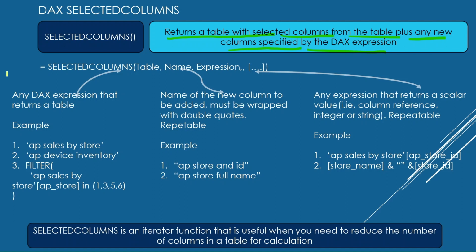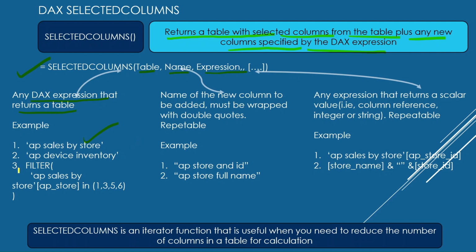This is the signature of the SELECTCOLUMNS function. It takes a couple of parameters: one is the table parameter, one is the name, and this is the expression. So let's discuss them one by one. The table parameter is any DAX expression that returns a table. So this will be considered as the name of the physical table or an expression which is going to return a table.